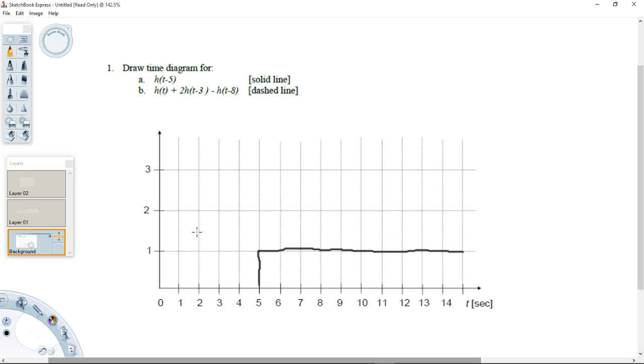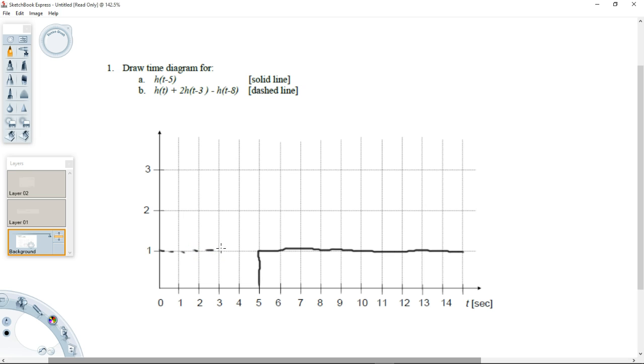The next one is a string of step functions that would go into your control system starting at 0, because there is no t minus any type of number. So starting at 0, it would look something like this. You'd keep going until you got to t minus 3.